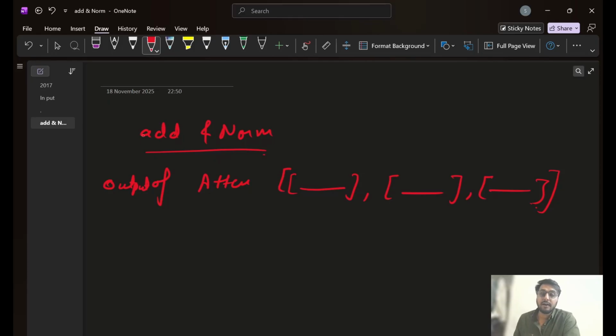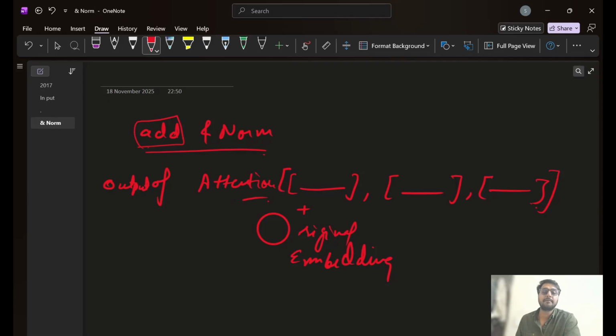Now add means we are adding the original embedding to these attention weights.